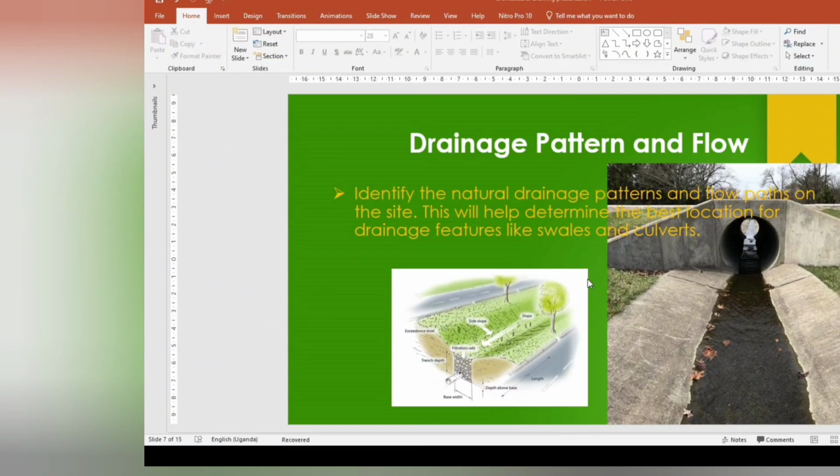Another thing, we look at the utility connections. Under utility connections, consider the location of the utility lines such as the water, gas, and sewage pipes when planning the drainage system.